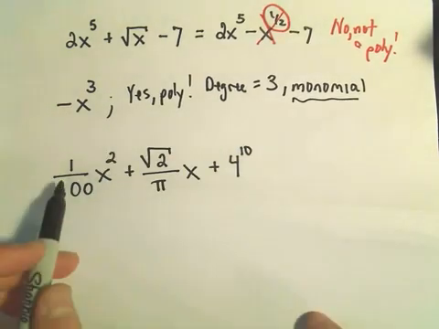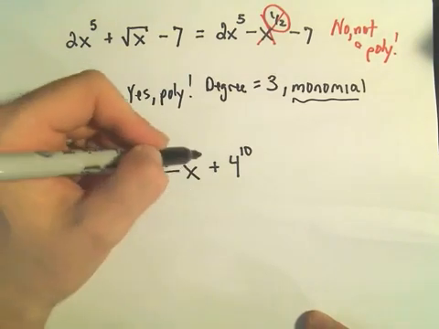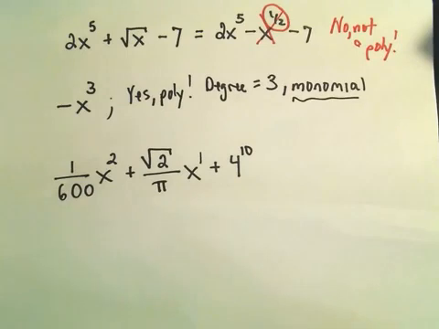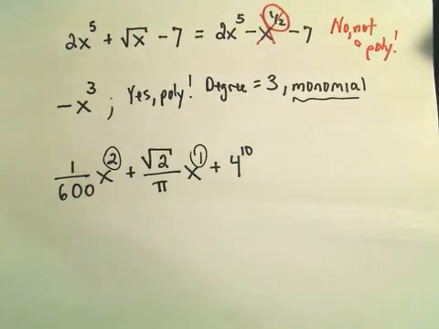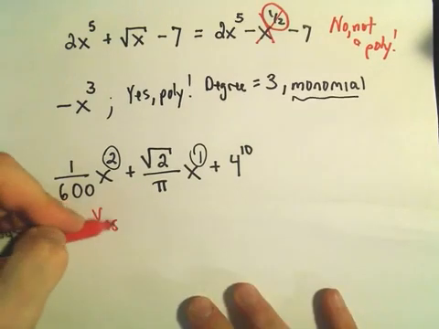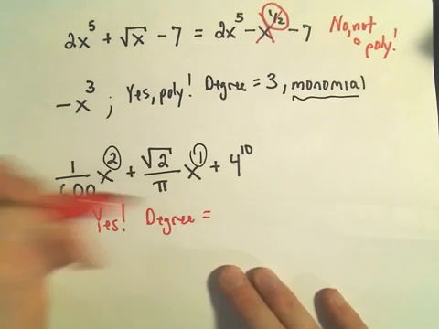All right, last but not least, we have 1 over 600 x squared plus root 2 over pi x to the 1st plus 4 to the 10th. Again, my x's that I see have positive whole numbers associated with them. So I would say yes, this is a polynomial. And then what's the degree? Well, you have to be careful.